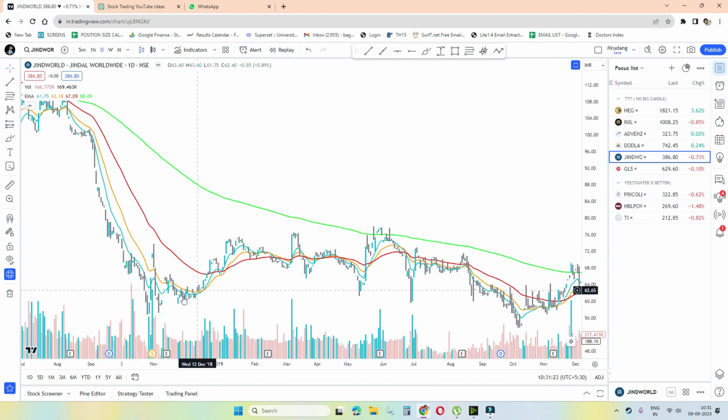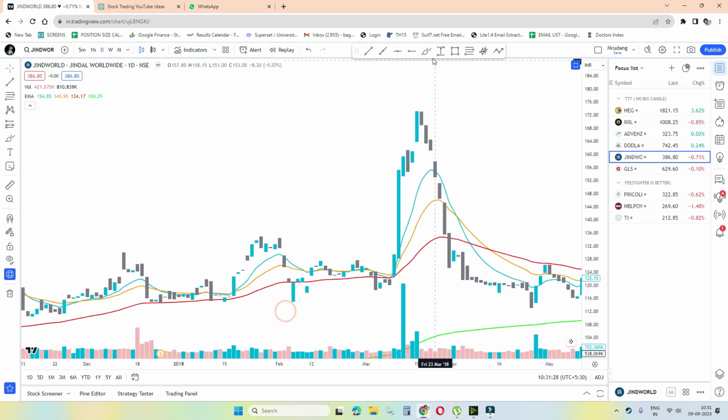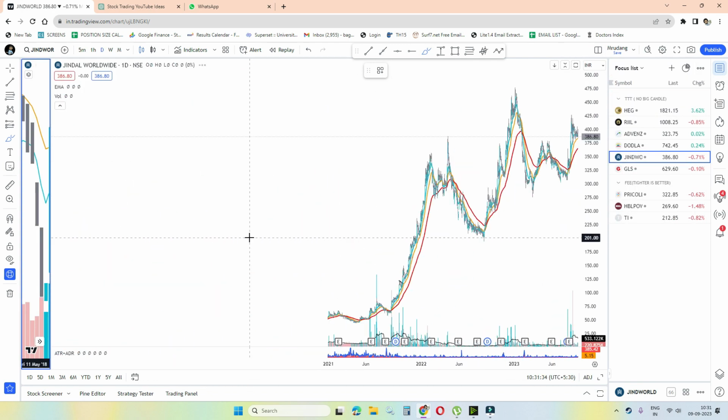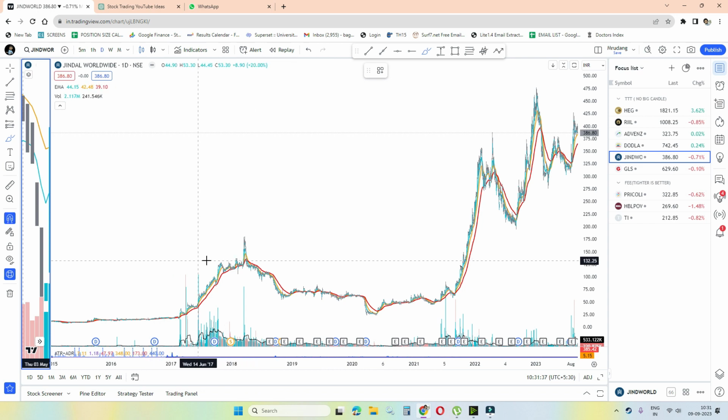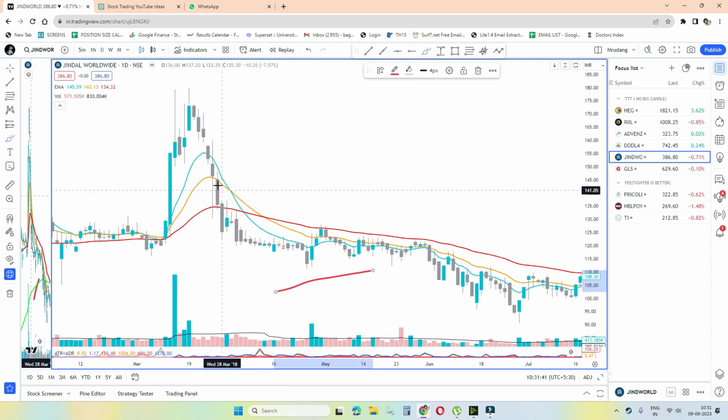So let's see our downside. In this region, the stock broke through the 50-day EMA and went downward, but it pulled back near this resistance, near this key moving average, which is the 50-day EMA.